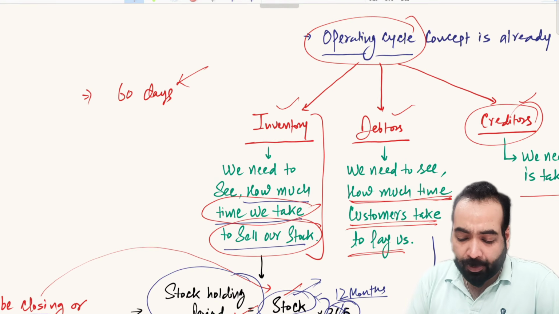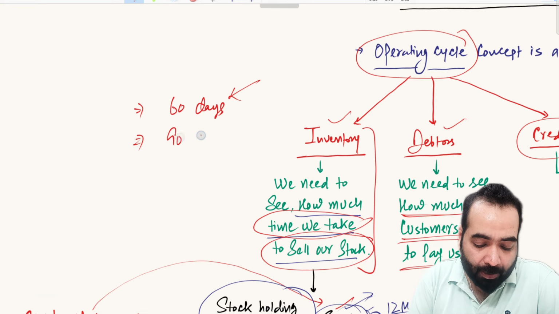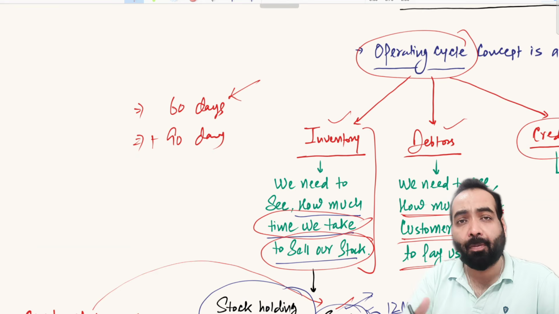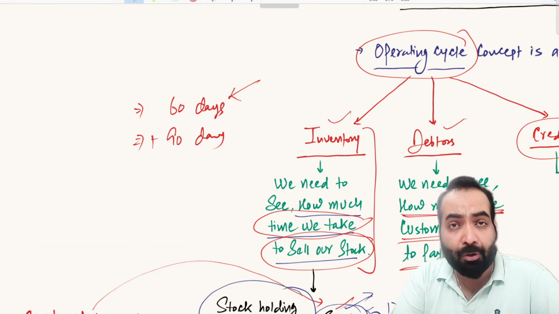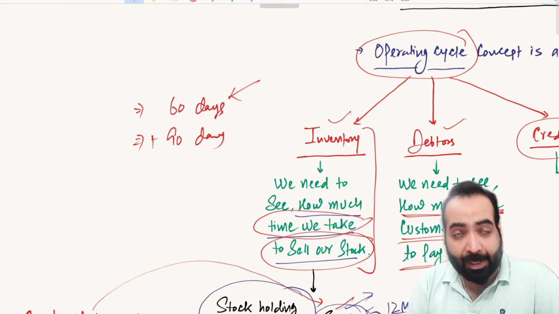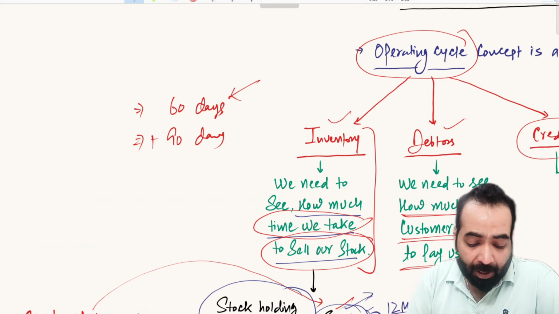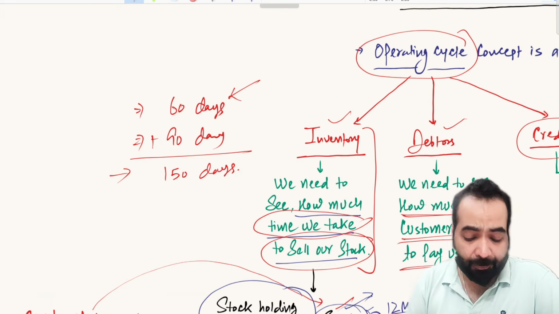So suppose your debtors take another 90 days to pay you off. So 60 days you were not able to sell the stock because of manufacturing or other minimum inventory that you need to keep in your premises, whatsoever the reason. Then after you sell the stock, you take 90 days to recover the amount from the debtors. So that means for a total of 150 days, your funds remain blocked in the current asset, right?